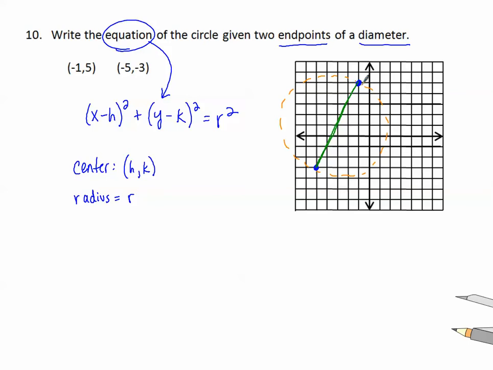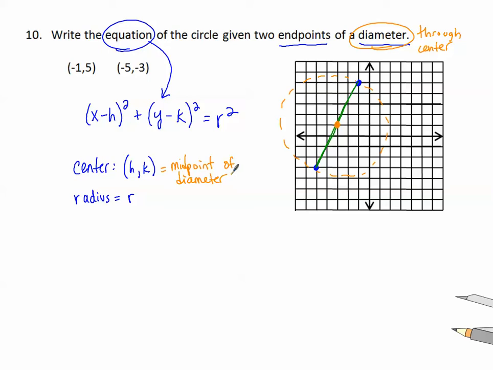Because the diameter goes through the center, it's got to be halfway between. So sometimes you can visualize it and see, boom, right where that center is. But sometimes it's hard to tell. So halfway is the midpoint of the diameter.